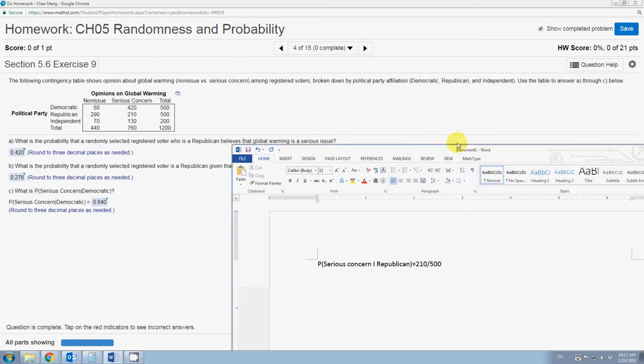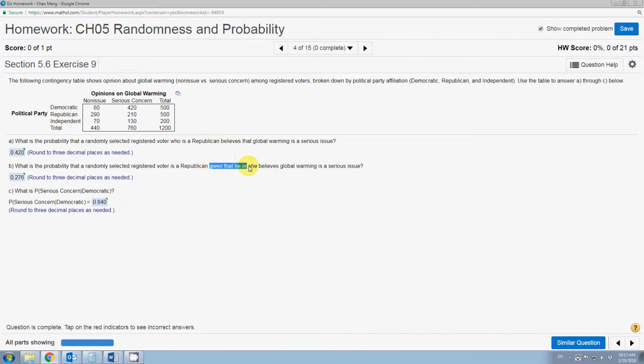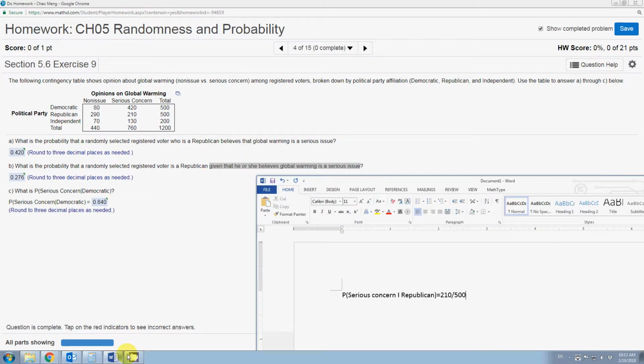So the key for part A is conditional probability. Part B: what's the probability that a randomly selected voter is a Republican given that he or she believes that global warming is a serious issue? When we read "given that," that means it's also a conditional probability.